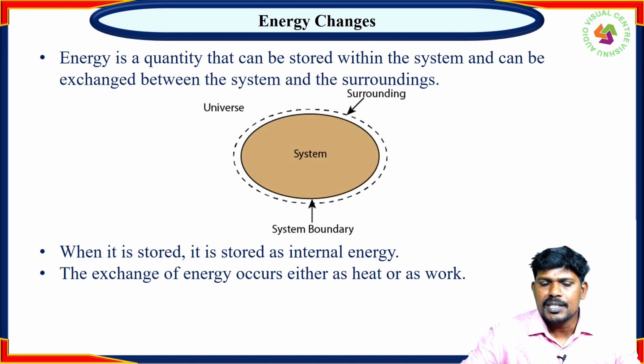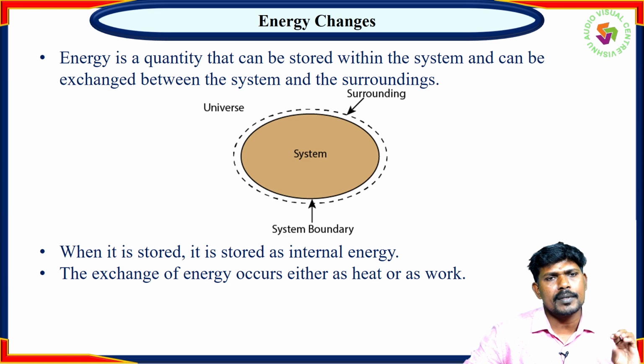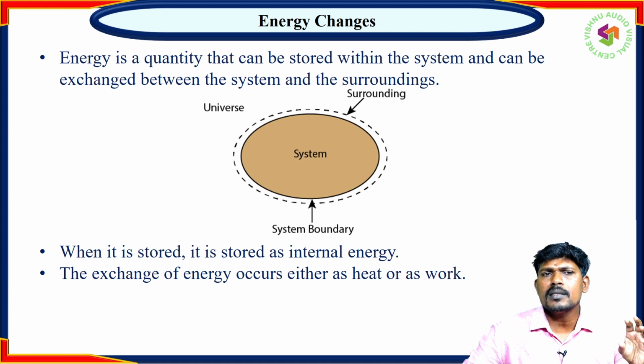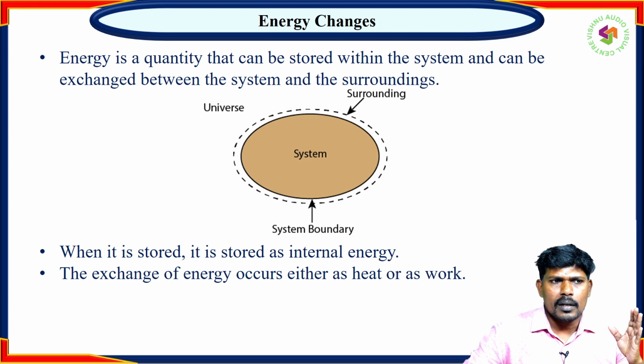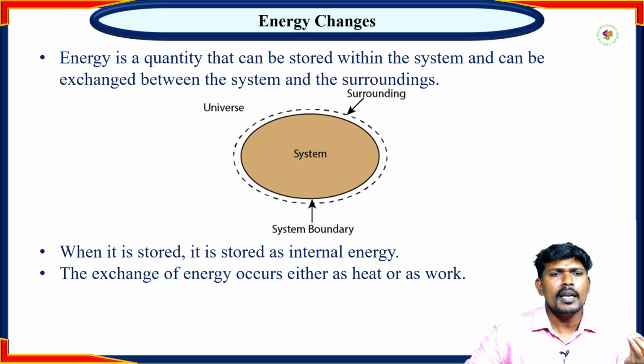Next one is energy changes. Energy is a quantity that can be stored in the system, or it can be transferred from the system to surroundings. So what is the system first? System is where our interest is, where we want to study a particular subject.